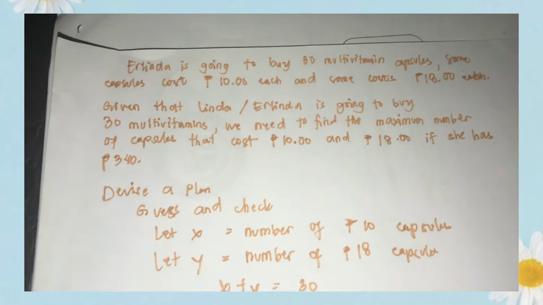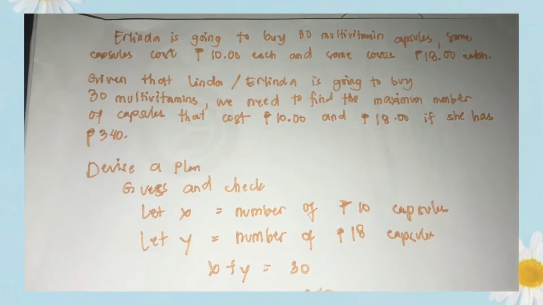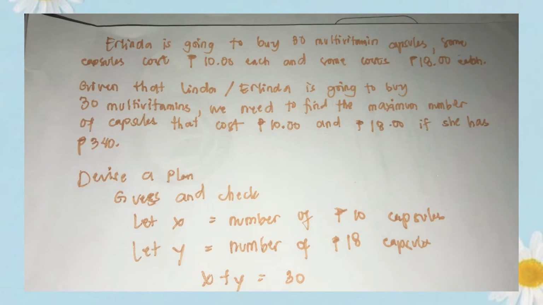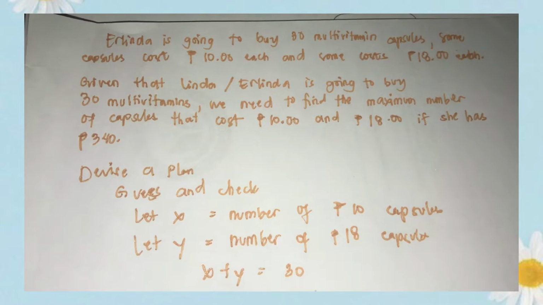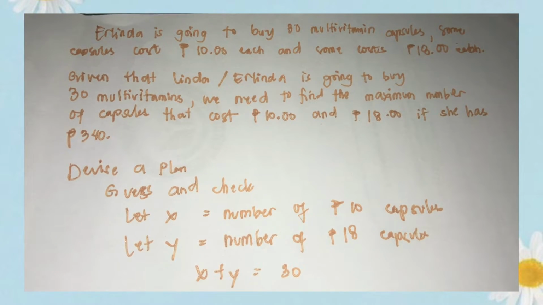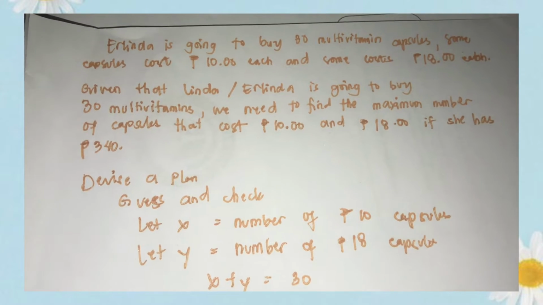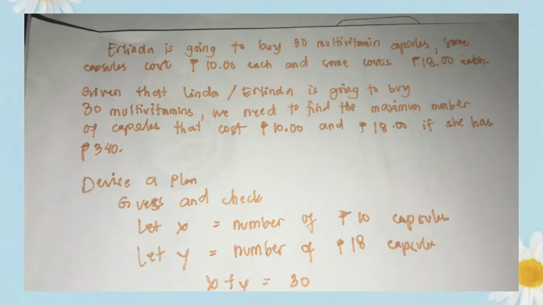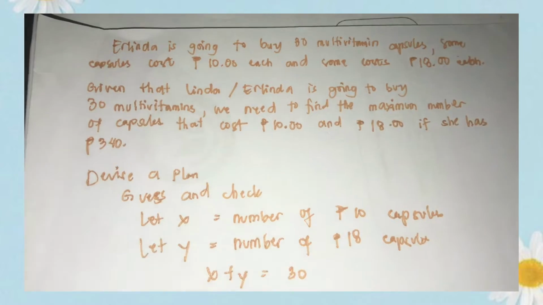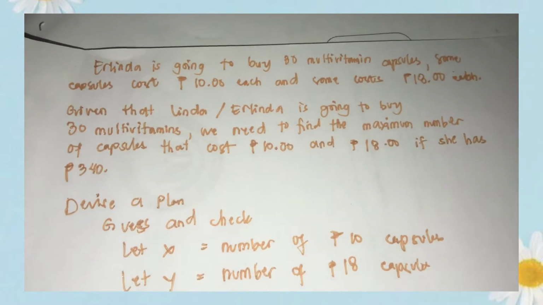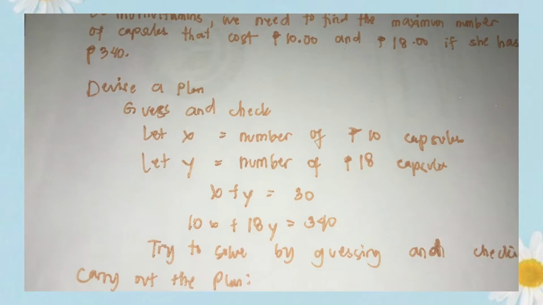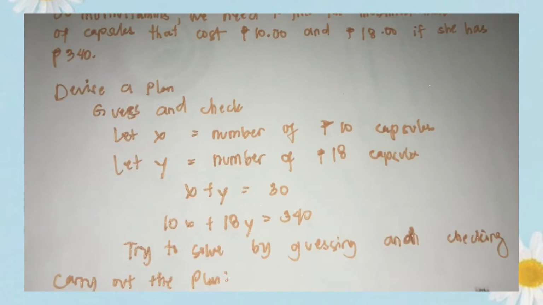Given that Erlinda is going to buy 30 multivitamins, we need to find the maximum number of capsules that cost 10 pesos and 18 pesos if she has 340 pesos as a budget. The second step to this would be devising a plan.